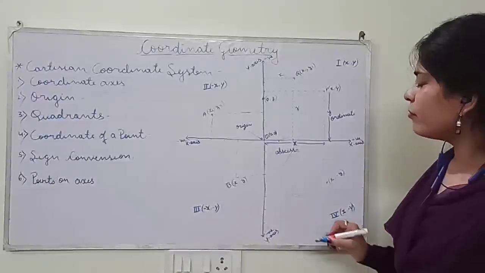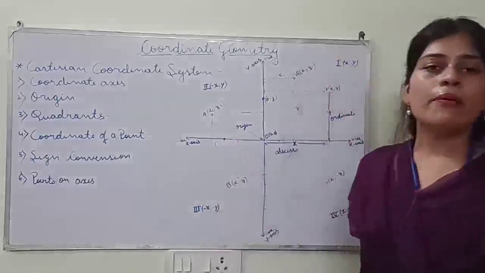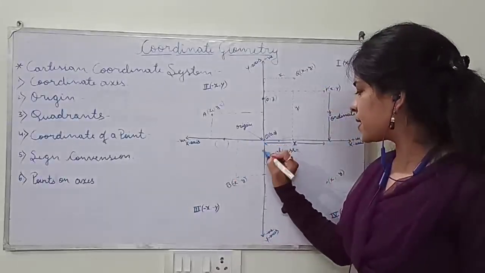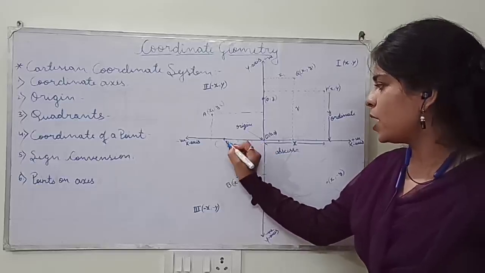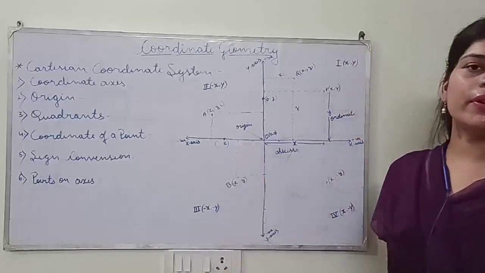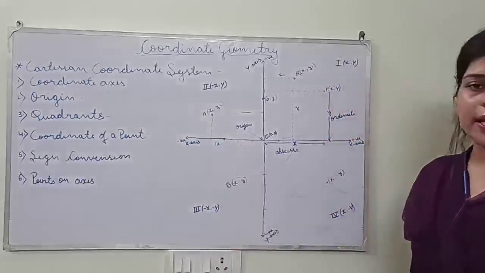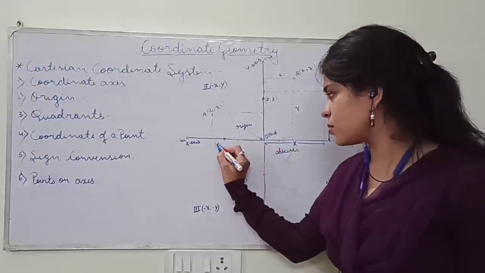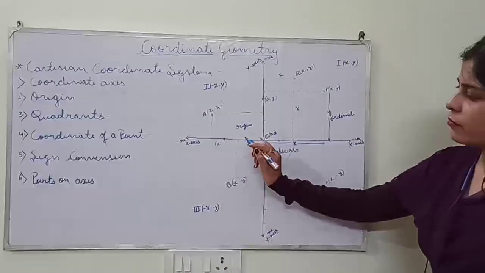Similarly, if we have some point which lies on the x-axis, see, this is the x-axis. Here x is 0, -1, -2, -3. So we will get some value of x coordinate, and it is the negative x-axis, so it will be negative x.